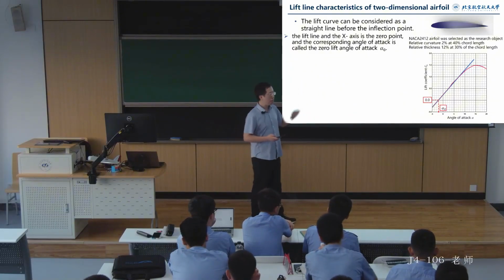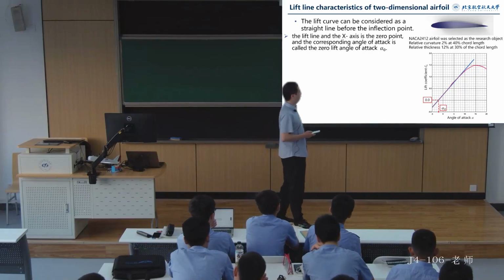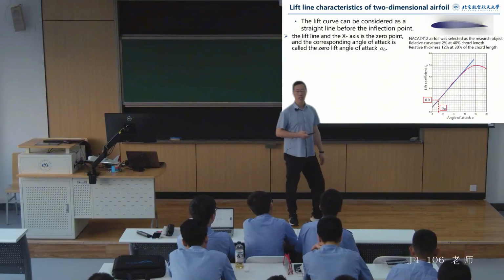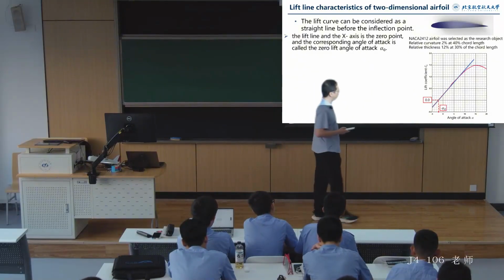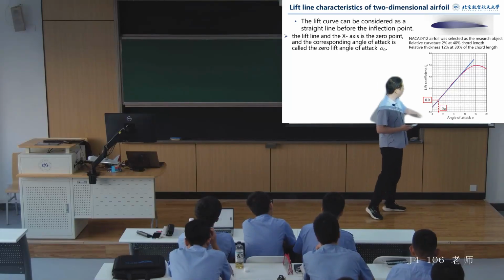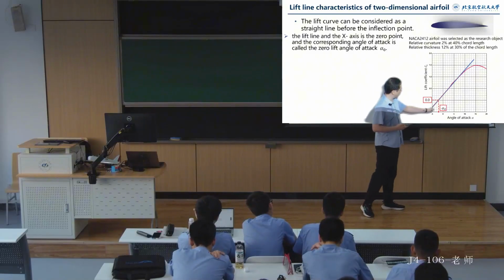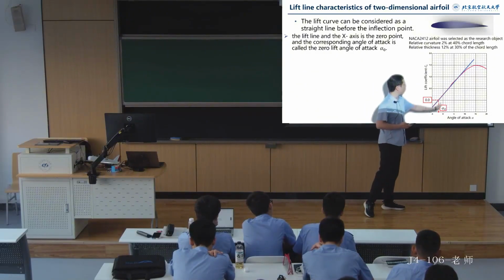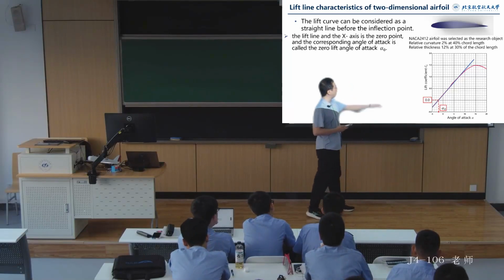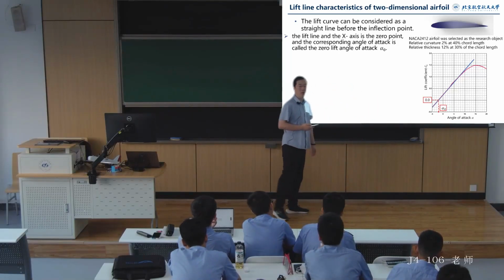And what happens when the angle of attack is greater than this angle? Naturally, as the angle of attack increases, how should the lift coefficient behave? It's a proportional relationship, right? So, in other words, as the angle of attack increases, the lift coefficient increases the further it moves away from the zero lift angle. This proportional relationship is what we call the lift curve slope, which is essentially this lift curve.